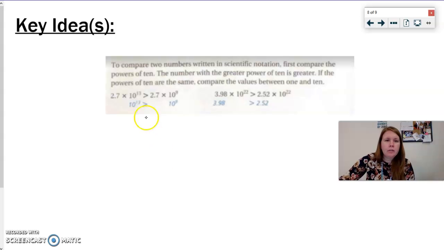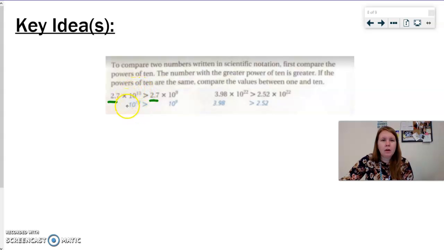So for instance, in the first one they have 2.7 times 10 to the 13th, and they have 2.7 times 10 to the 9th. Now they both have this 2.7, but the first thing you look at is that power of 10.